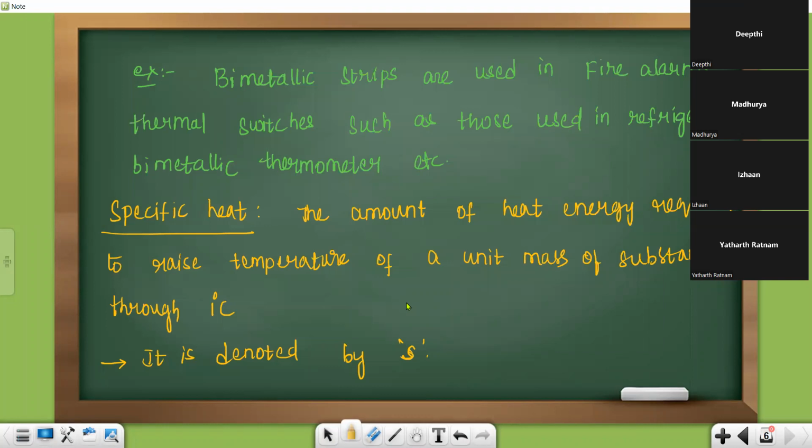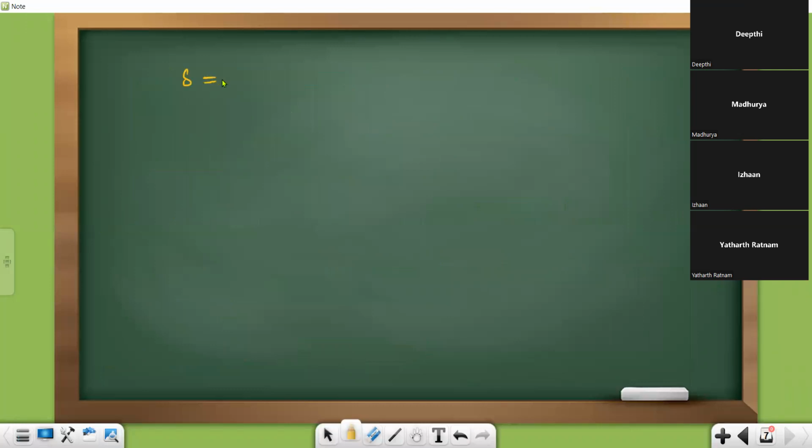Now, from the definition, what are the units you can give for specific heat, students? Heat required by 1 gram of substance for 1 degree Celsius. So I can write 1 calorie for 1 gram of substance per 1 degree Celsius: 1 calorie gram inverse Celsius inverse.